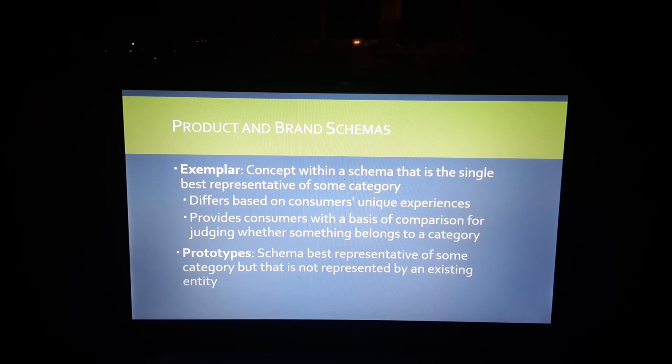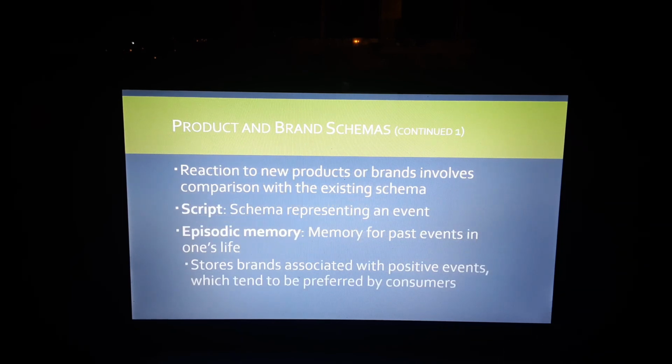And then a prototype is something that doesn't exist necessarily. A schema best represented by some category, but that is not represented by an existing entity. So something that doesn't already exist, like an ideal that you're thinking about. So exemplar, it exists. Prototypes, it doesn't exist, but it's a possibility.